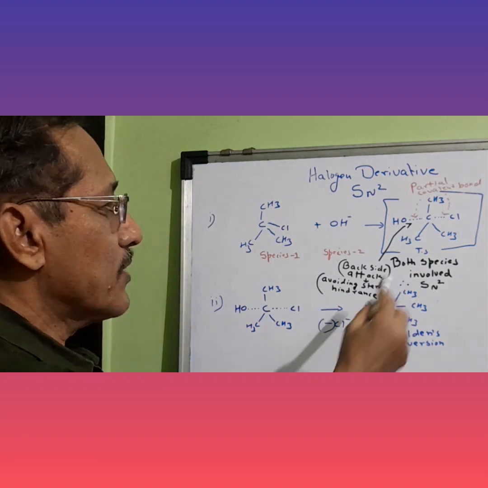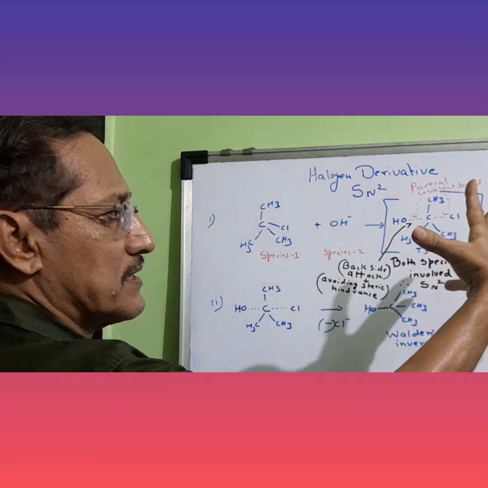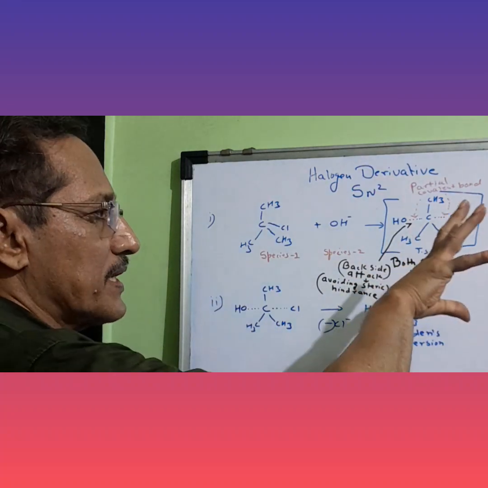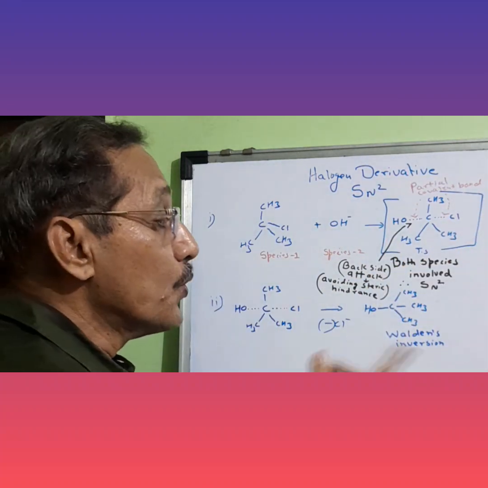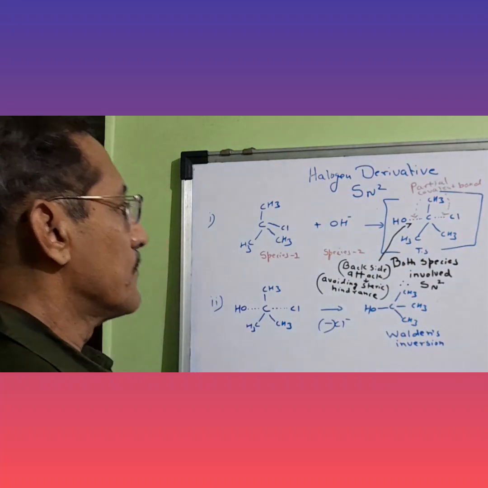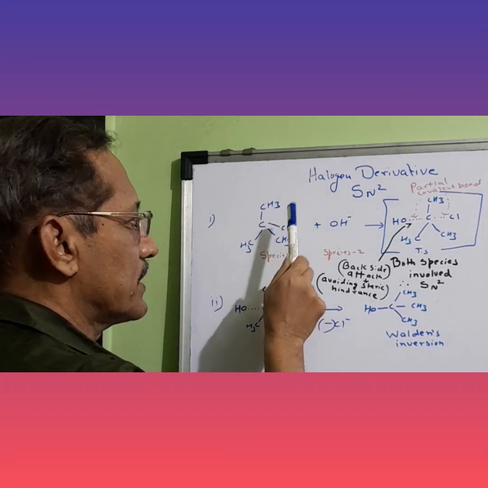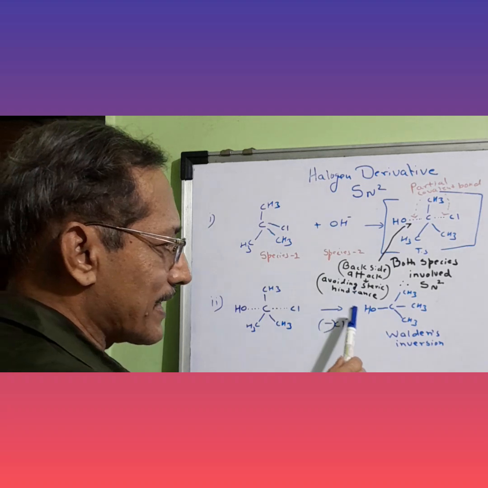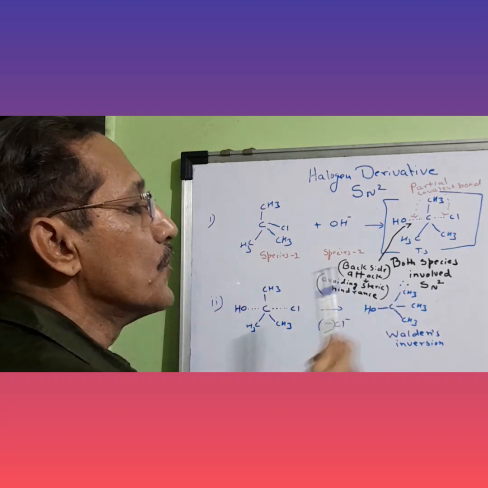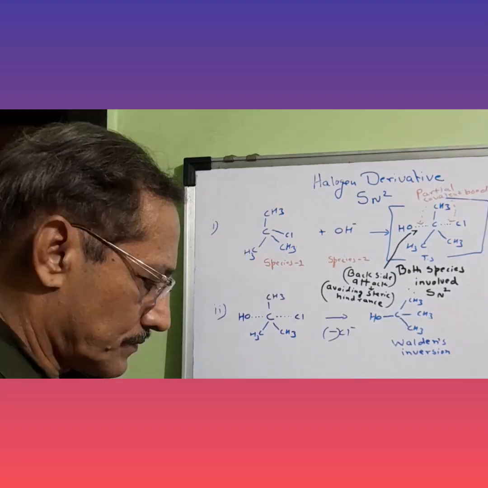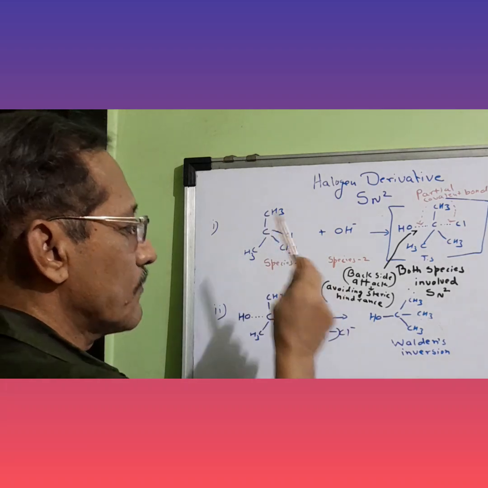So what happened? One which was like this, with Cl attached there, became like this. So inversion happened, Walden's inversion happened. Now you can check: Cl was attached here, but the incoming nucleophile attacked from behind and inversion occurred. Basically, what did we find?